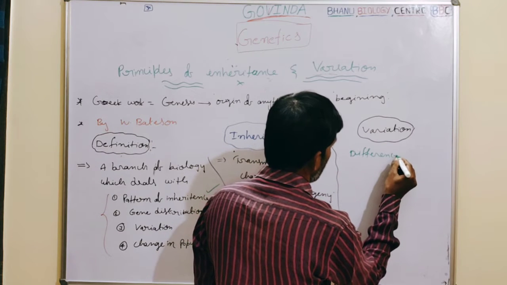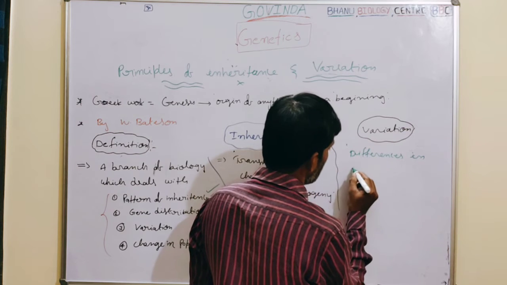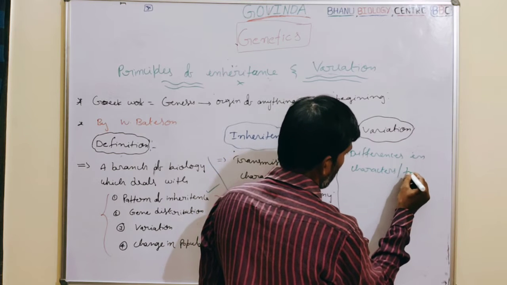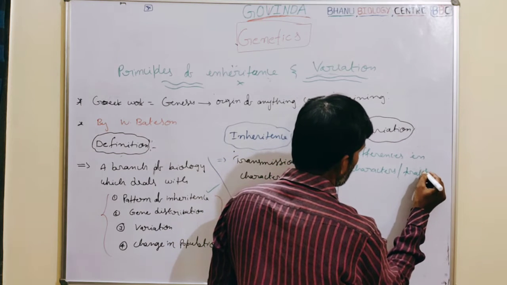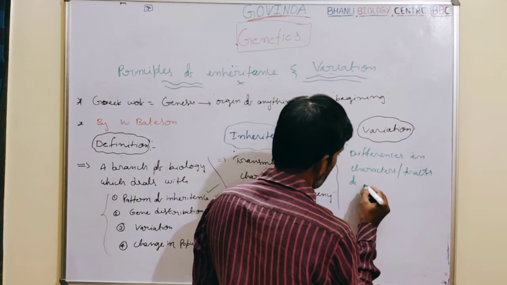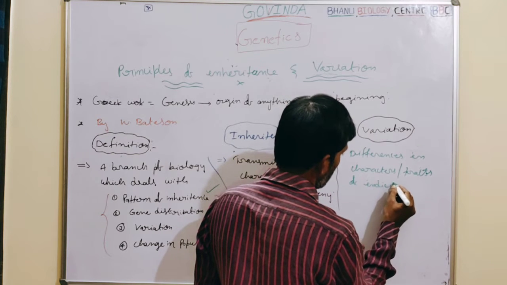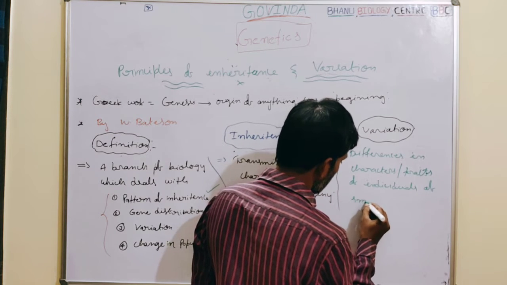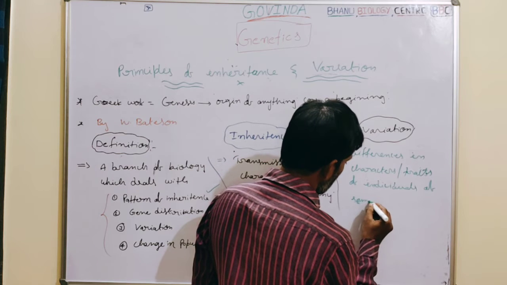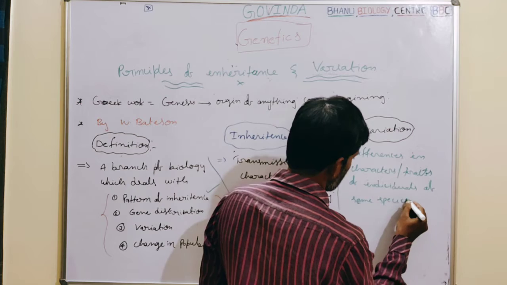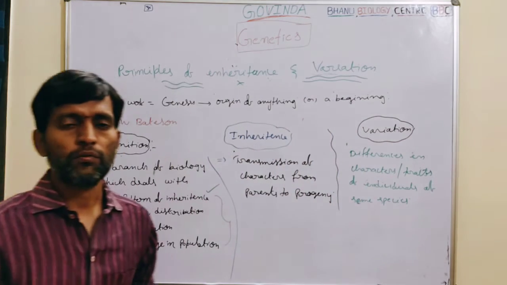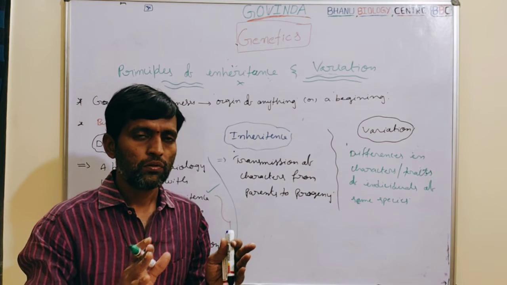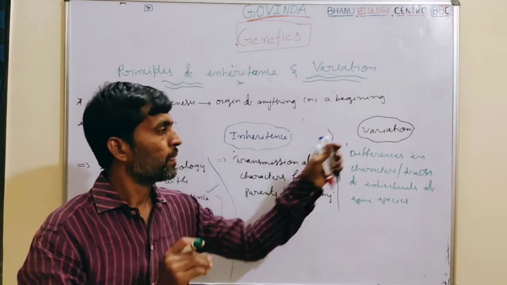The differences in characters or traits of individuals of same species. So whatever differences we can see in the traits of organisms belongs to a same species called a variation.